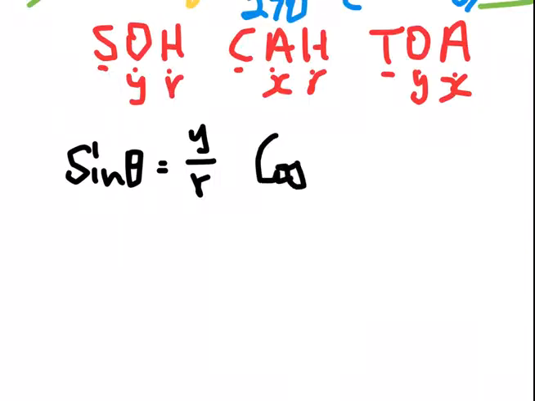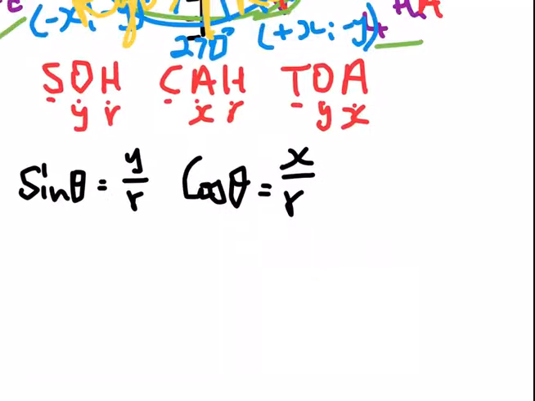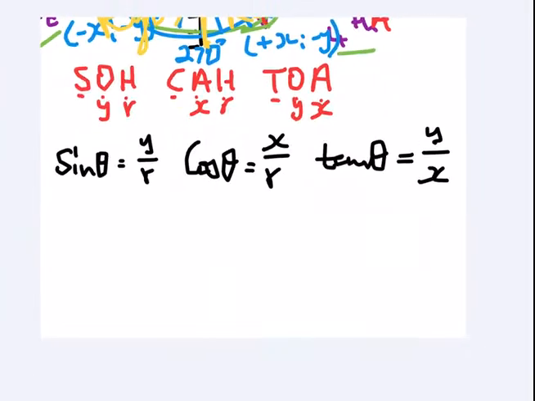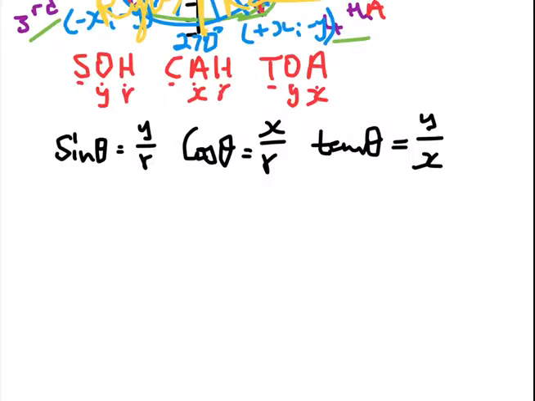And when it comes to cos of an angle, it will therefore be x over r. And lastly, tan of an angle will be y over x. That's all that I wanted you to be aware of.